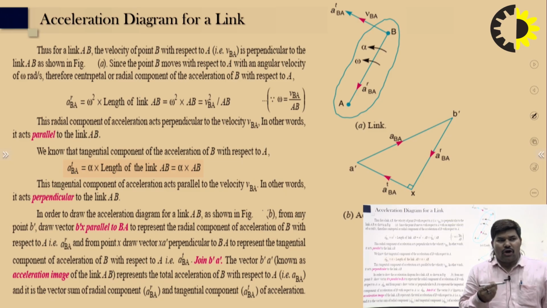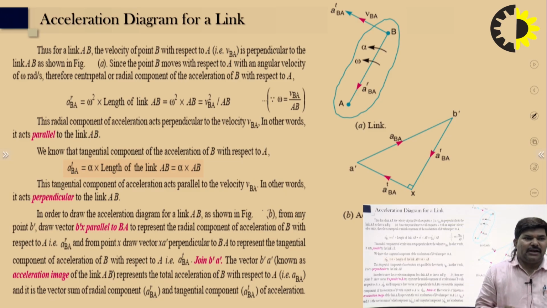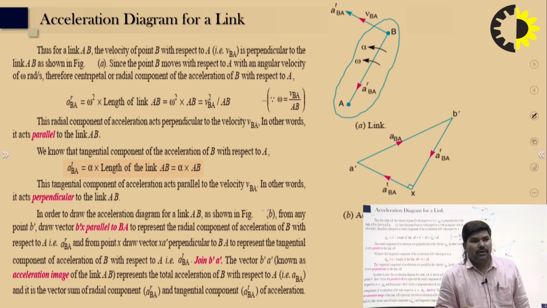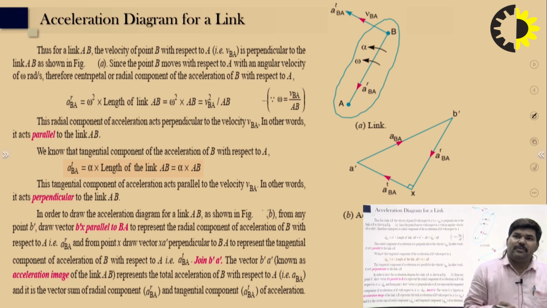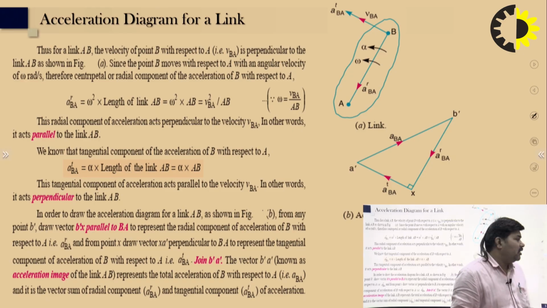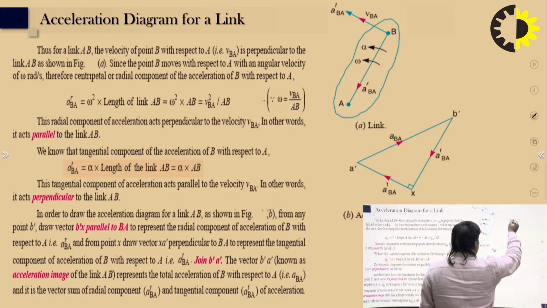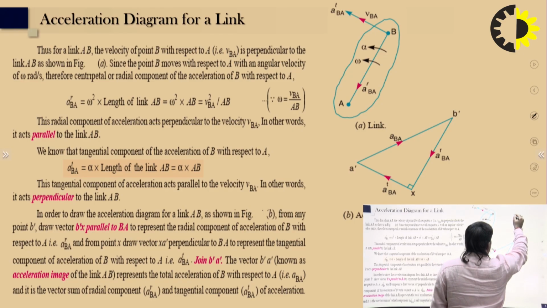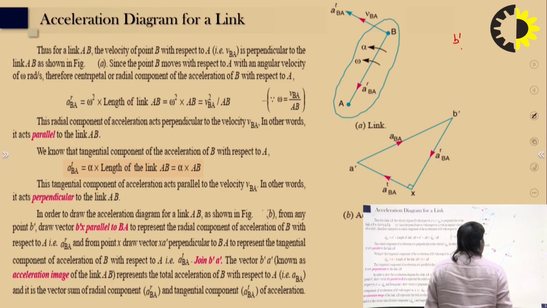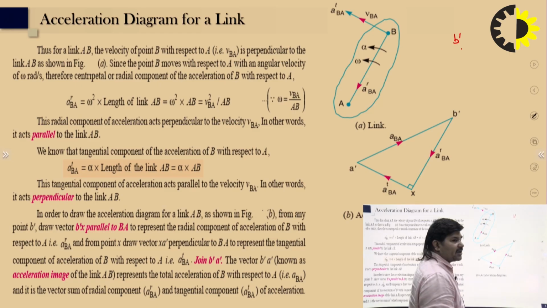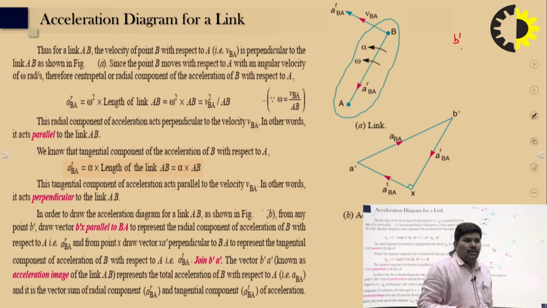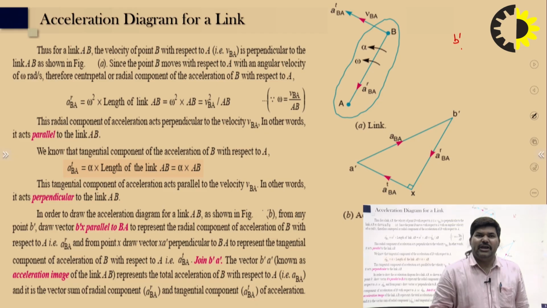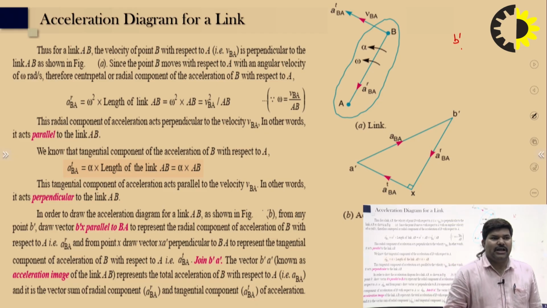In order to draw the acceleration diagram of link AB, from any point b dash, draw the vector b dash x parallel to link AB, because that is the radial component.